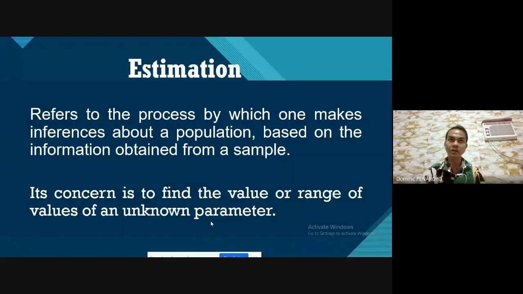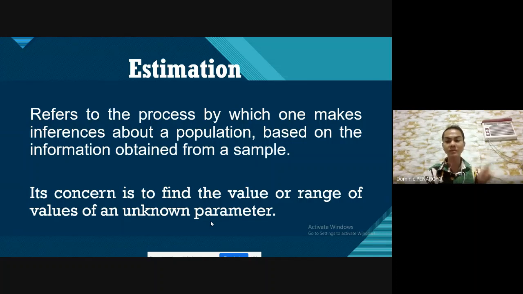Now, in our previous discussion, we have discussed sampling distribution and probability distribution. And we have learned that sample statistics is generated through sample surveys. And from those sample surveys, we can already make inferences about the characteristics of the population.